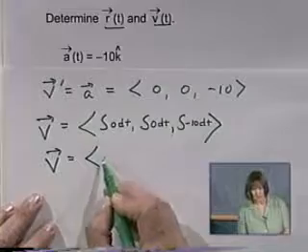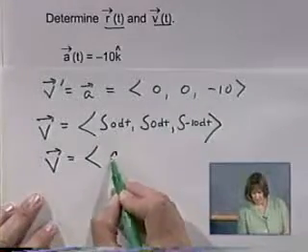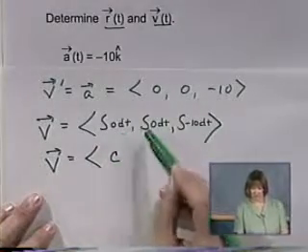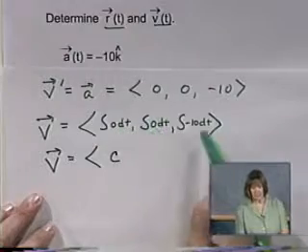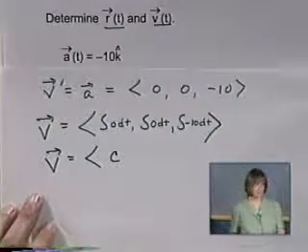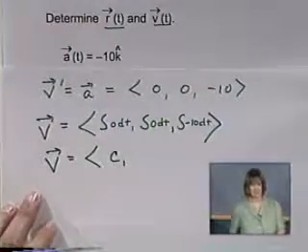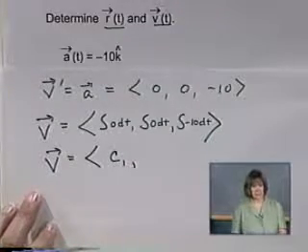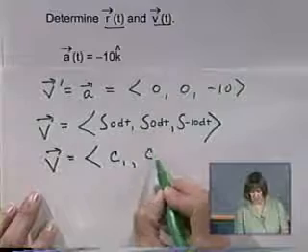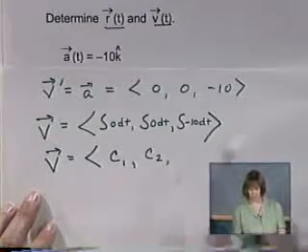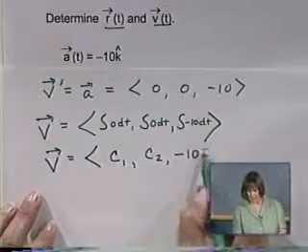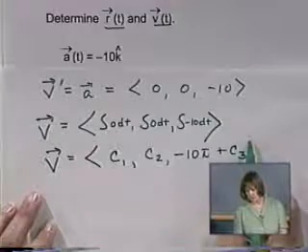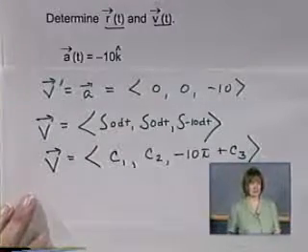So I'm not going to write 0 plus c, I'm going to just write c. But since I have three different components, I'm going to call it c1. When I integrate the next one, it's going to be 0 plus c2. And the third one is going to be negative 10t plus some other possible constant.